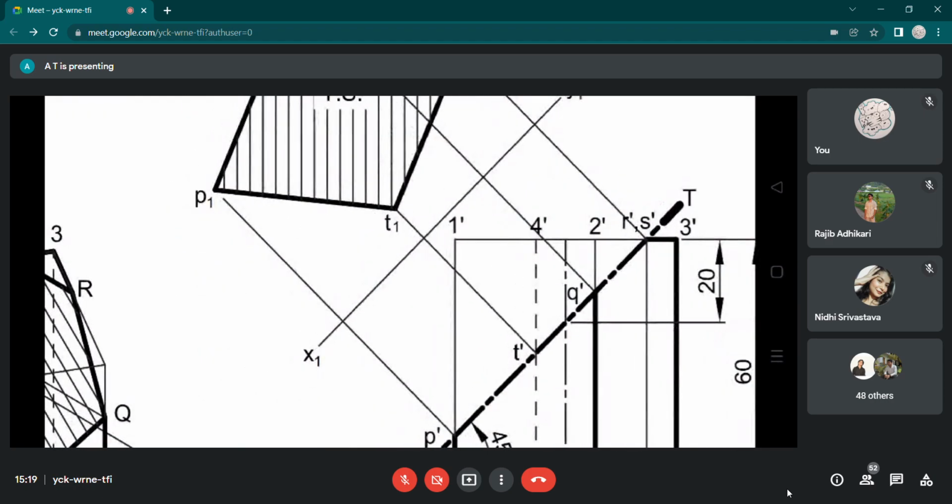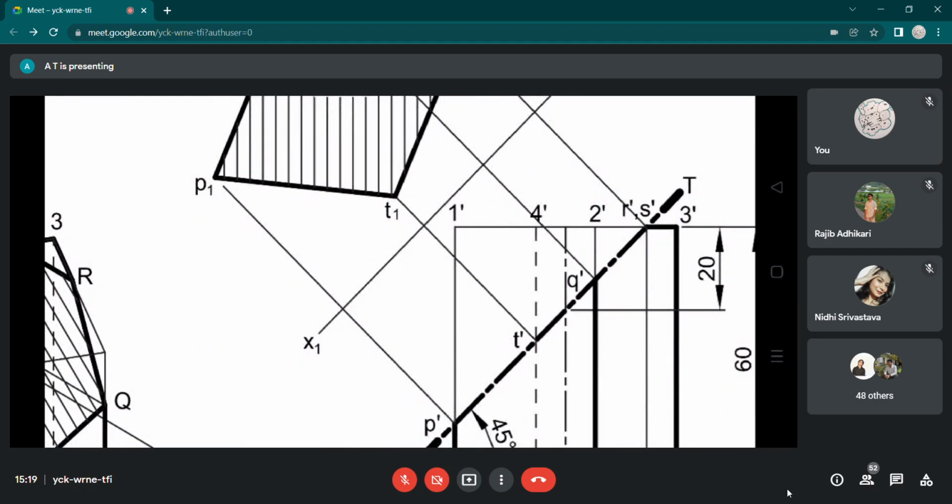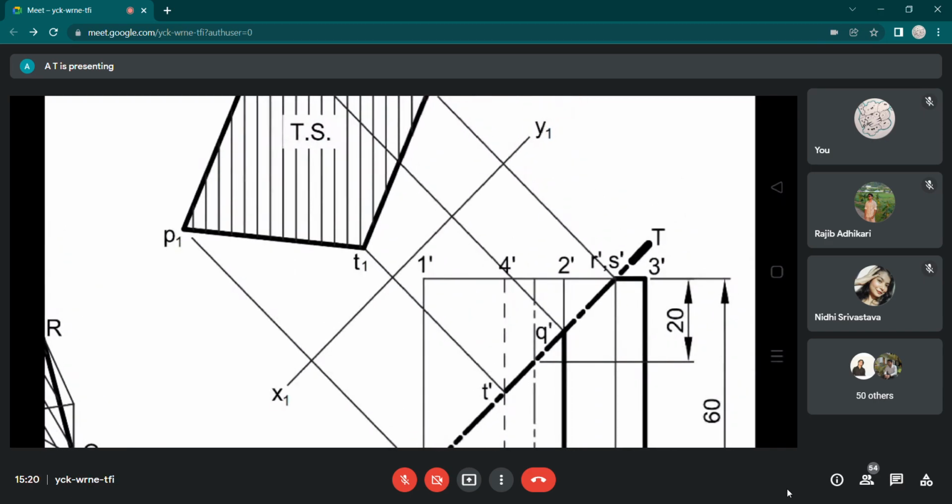Understood or not? Up to this, have you understood? Is the x1 y1 line visible to you? Yes, sir. So you have projected those points on the x1 y1 line.